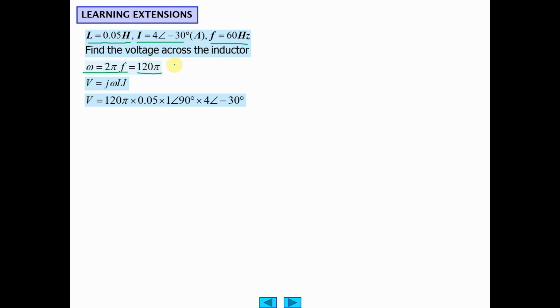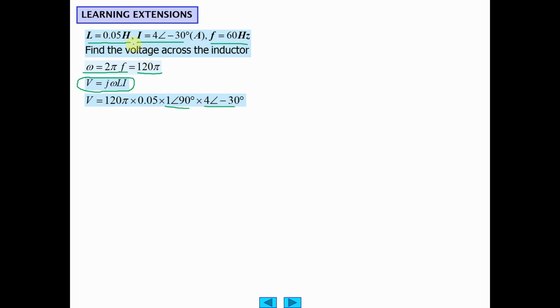And what those units are, like the previous example, it was microfarads. It wasn't farads, so just be careful. So now the equation is this. V in the phasor notation is this.